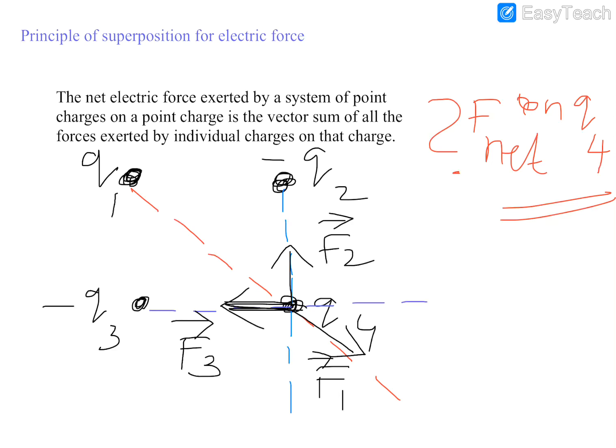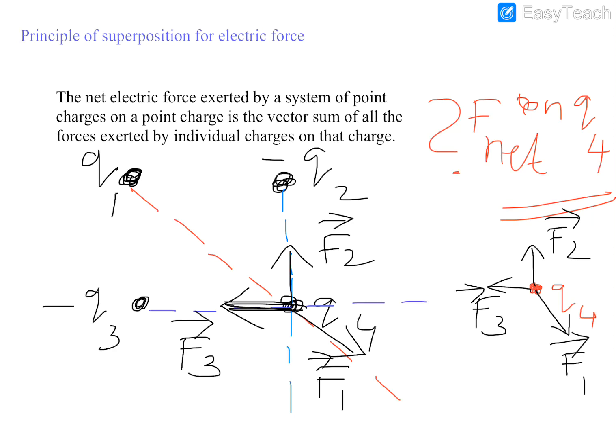Now you can see there are 3 forces, F1, F2 and F3. I am considering the diagram separately here. You are having a charge Q4 here. On Q4 you want to find the force. One force is in this direction, F1. Another force is in this direction, F2. And another force is in this direction, that is F3. All are vectors. Now what is the resultant force?